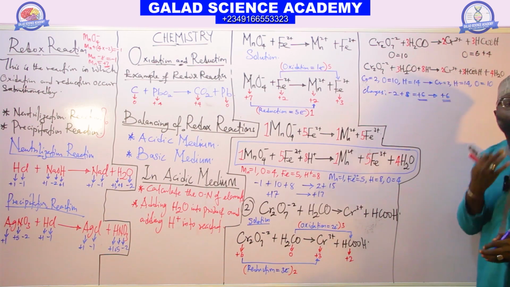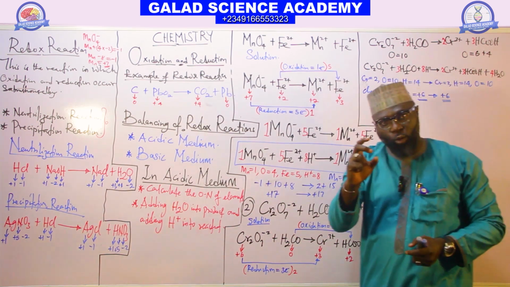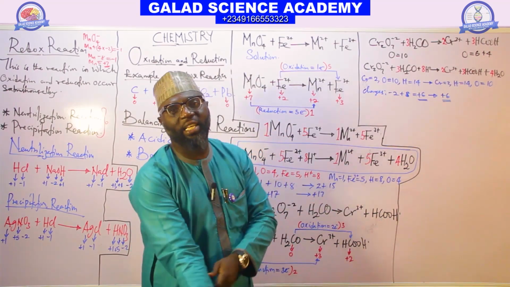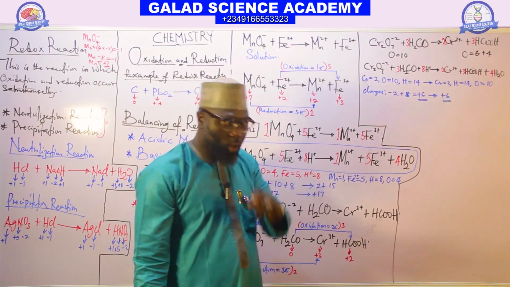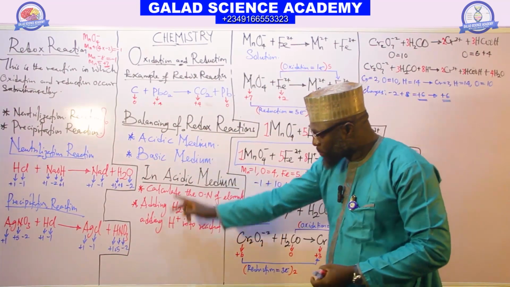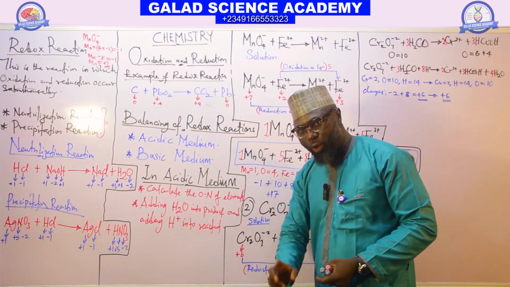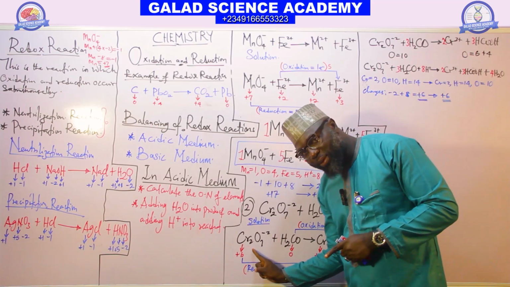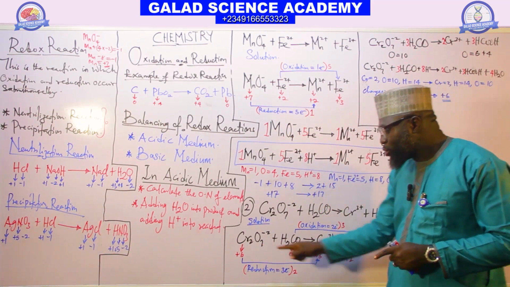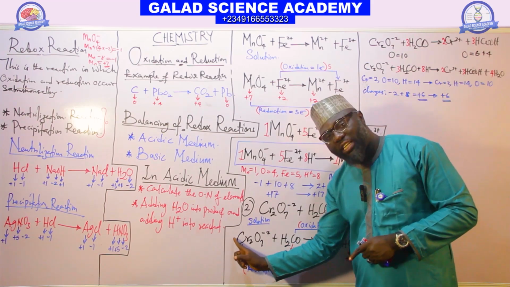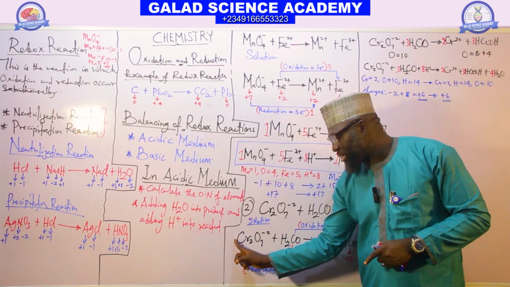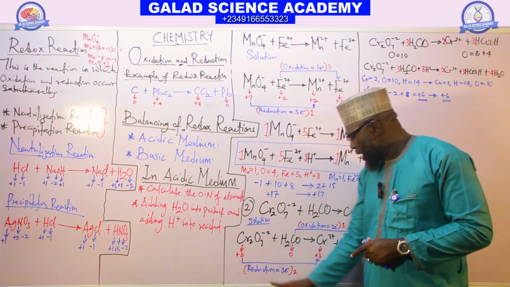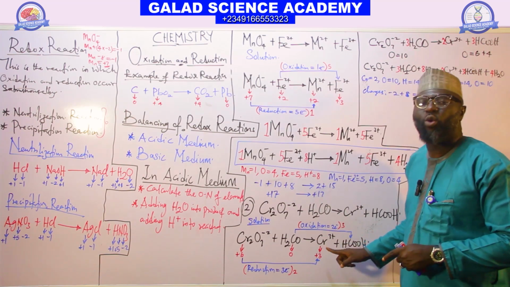So let me give you 2 balancing equations for the acidic medium for you to do for me, and then you put your final answer in the comment section. So apply these rules for any acidic medium. But the condition here is this: look at this now. Here we have 2 chromium atoms here. So instead of multiplying it by 2, it will affect your number of charges as well as the chromium. Because it has 2 here, you just multiply this one by 2 alone.